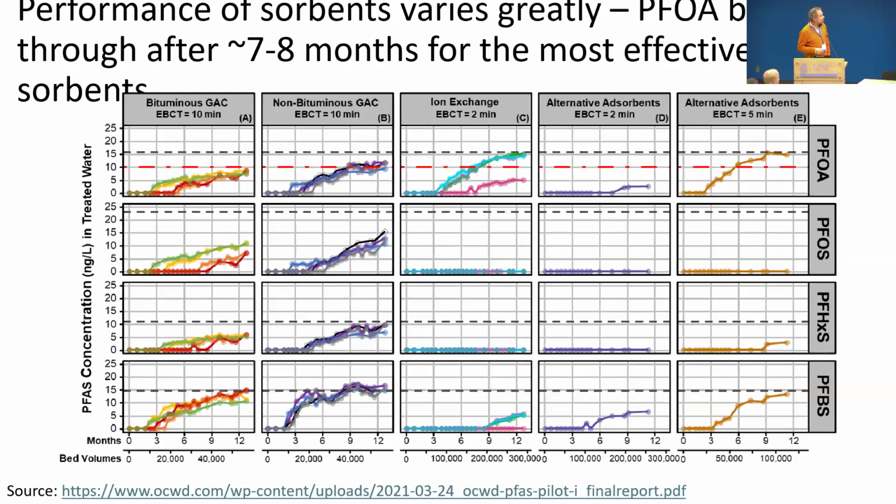If we pick a PFAS like PFOA, but it's the same feature for all of these, there's a period of time where these treatment systems completely remove PFAS from the water. Then as PFAS and other stuff accumulates on these sorbents, their effectiveness goes down, and we say the PFAS are breaking through the system, so the concentrations start going up. The most effective sorbents would be the ones that last the longest. Here, one of these ion exchange resins in purple is very good, and this novel modified clay is very good.